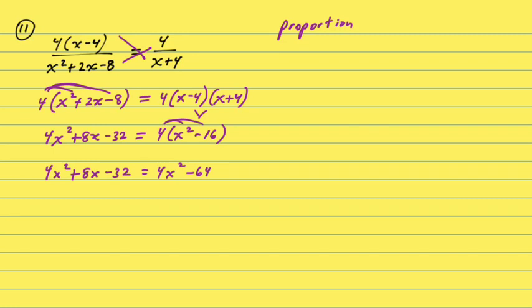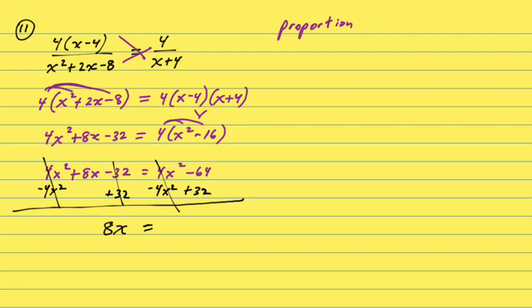I'm going to subtract the 4x squared. That simply leaves me with x's, doesn't it? So if I add 32, what is 8x going to equal? Is that a negative 32? If you divide by 8, I believe we would get negative 4.